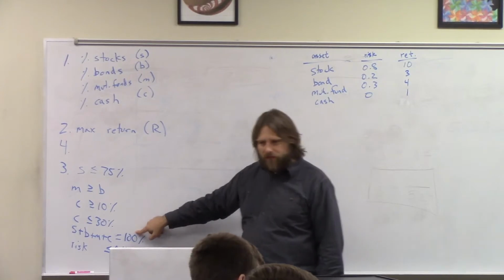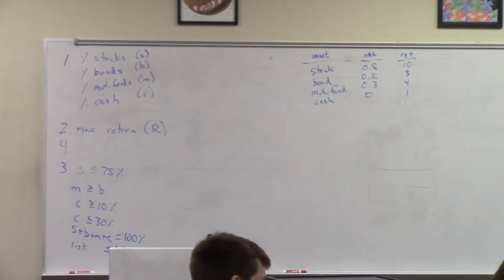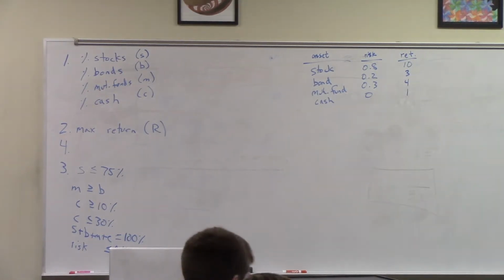Alright? So always try to look at your answers, even if you don't have them pre-populated in the back of your book, and just ask the simple question, does this make sense? Even if I don't know if it's the right answer, does this answer at face value make any sense at all? Okay?